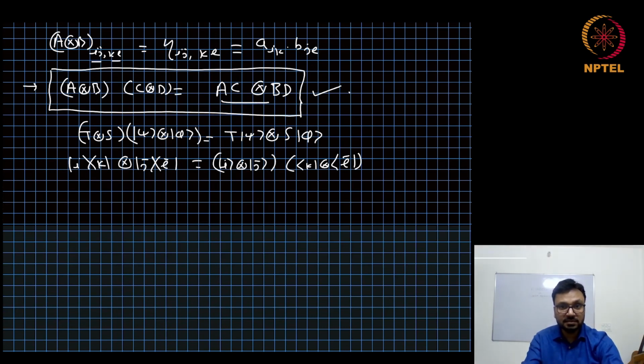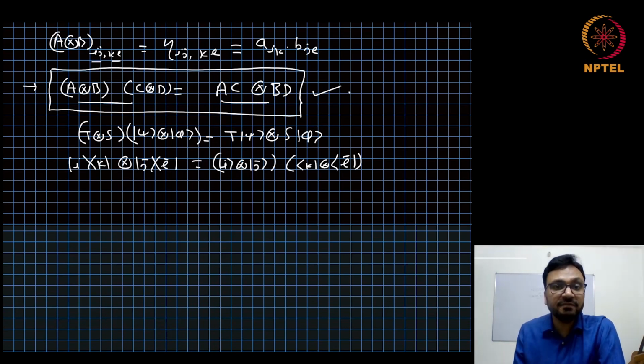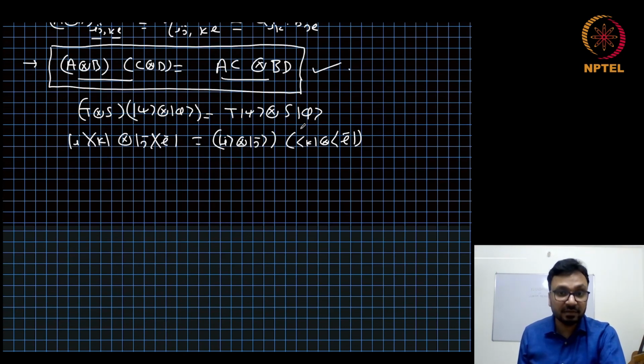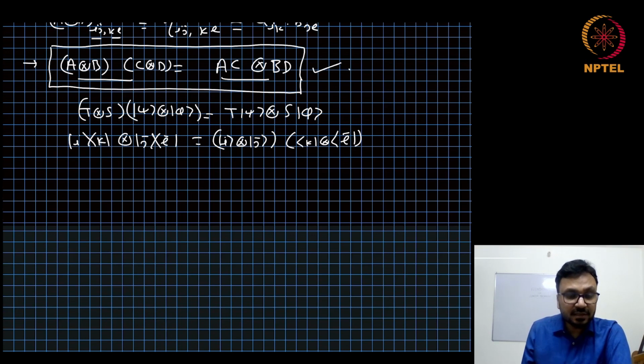We were given this and we took it to this. So in that way, without us realizing, we have used this rule multiple times. And when we work with tensor product space, this rule will appear multiple times and we will use it without registering it in our mind. So these are the properties of the tensor product of operators.